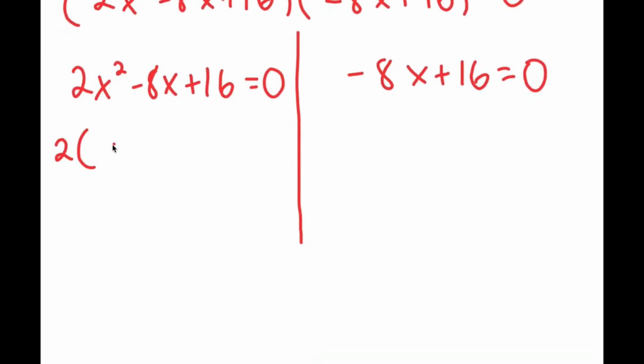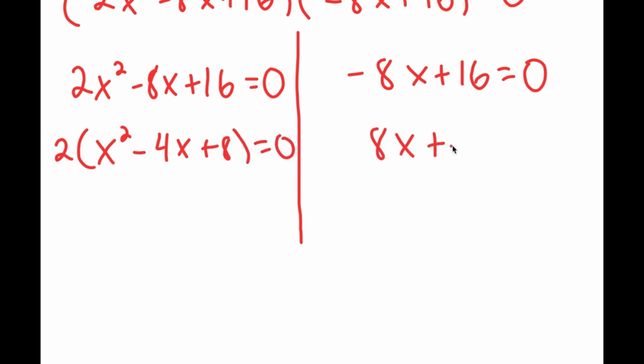Now from here, I'm going to factor out 2, so I get 2 times (x squared minus 4x plus 8) is equal to 0. And for this equation, I have 8x is equal to 16. So if I divide both sides by 8, I get x equals 2.